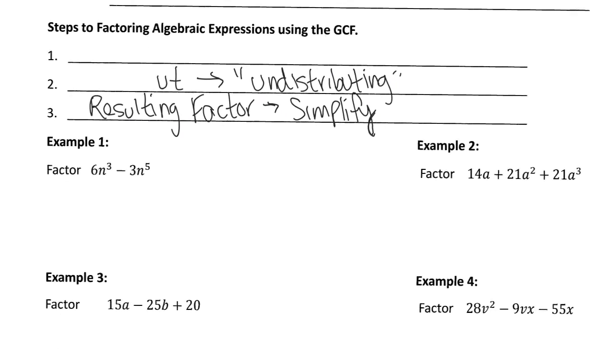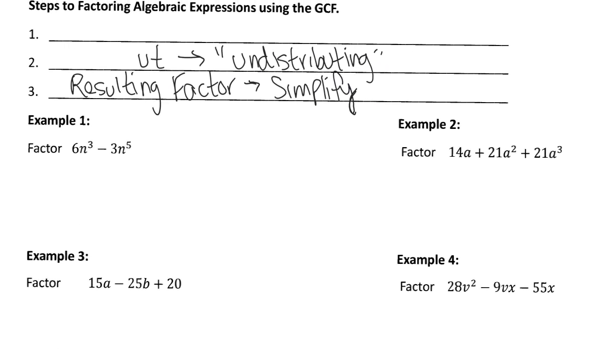All right, so let's look at example 1. Okay, we want to find our GCF. So we find the greatest common factor between 6 and 3. Think about that for a second. What's the greatest factor they share? Hopefully you said 3. And then we want to look at the exponents. Remember, we said we take the smallest exponent that the two share.